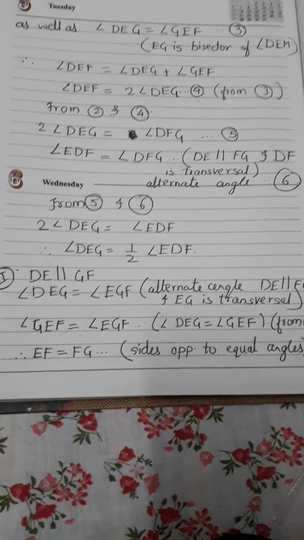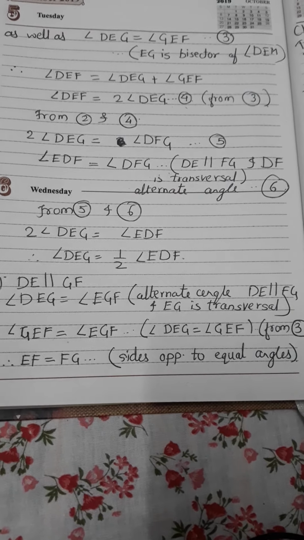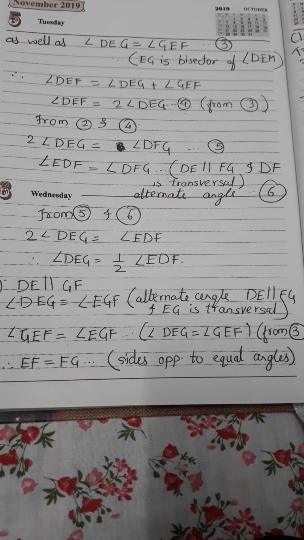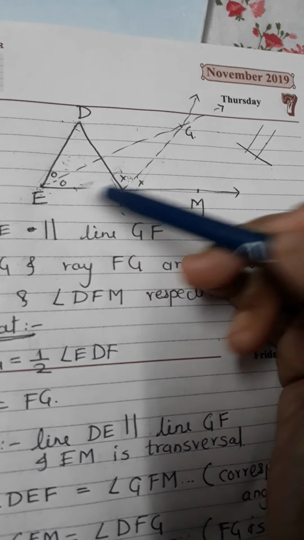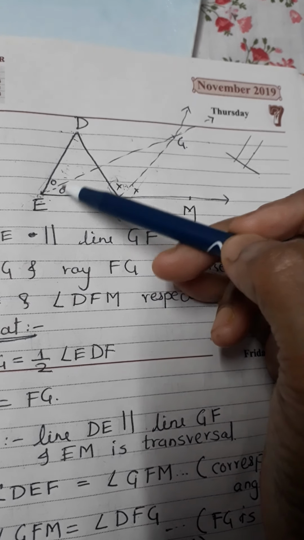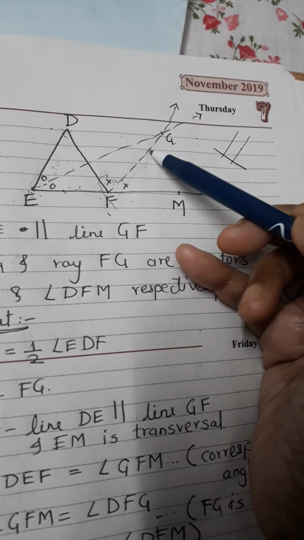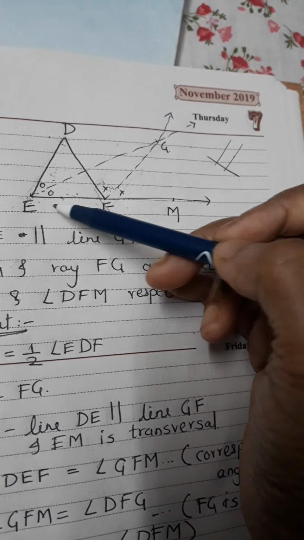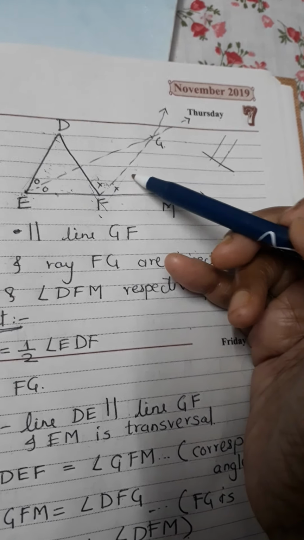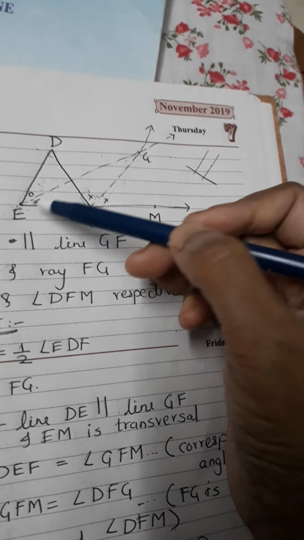Now for the second proof, they have asked us to show that EF is equal to FG. Let's move to the diagram. Now EF is equal to FG I can easily do. See here, if I make these two angles congruent, then these two sides will be the same. This can be done.